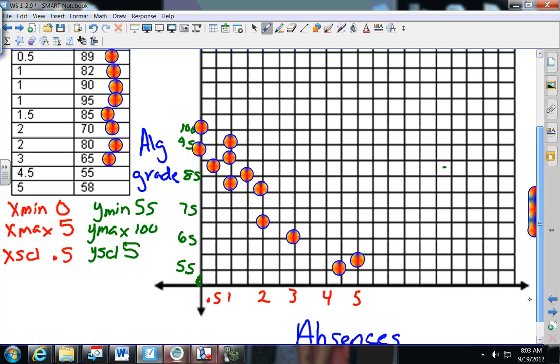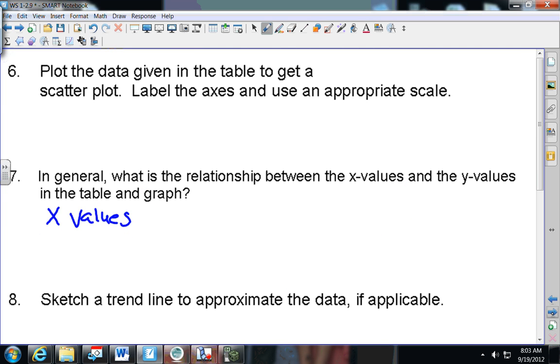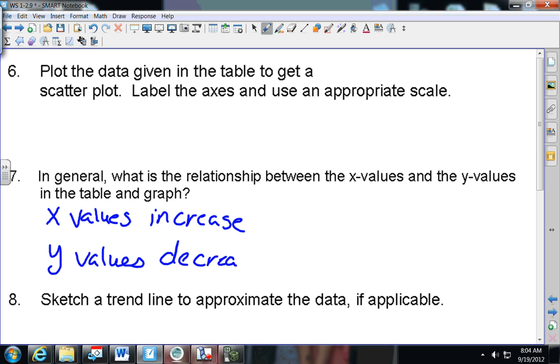As my X values increase, what's happening to my Y numbers? They decrease. So we're going to write, as the X values increase, the Y values decrease. It says to sketch a trend line to approximate.